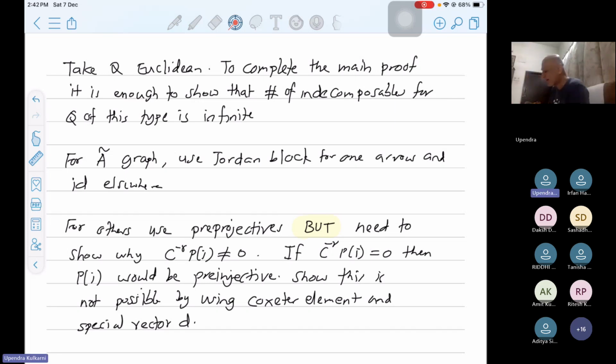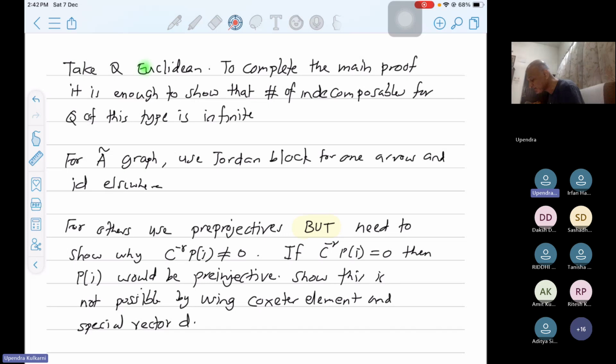All right, so let's go back to our task. Our task was to show that if a quiver is of finite type, then it has to be of type ADE, and the quadratic form has to be positive definite. So we said that for this, if there is a quiver of any other type, I need to show that the number of indecomposables for any other type is infinite.